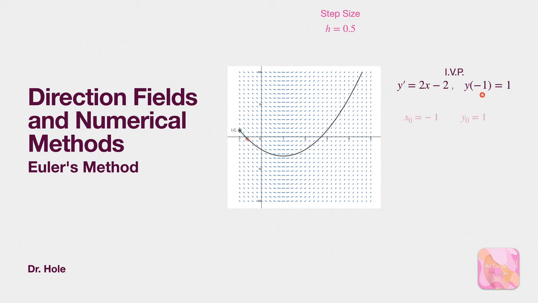So y of -1 being 1 tells us x naught is -1 and y naught is 1, i.e. the black dot. Our first objective is to produce the red dot given this step size h being 1/2. Well, if the original x-coordinate was -1, then the next x-coordinate, x1, is -1 plus the step size, or -0.5.